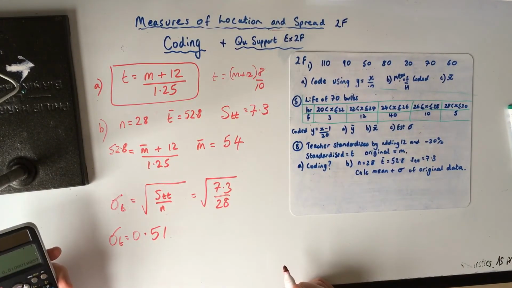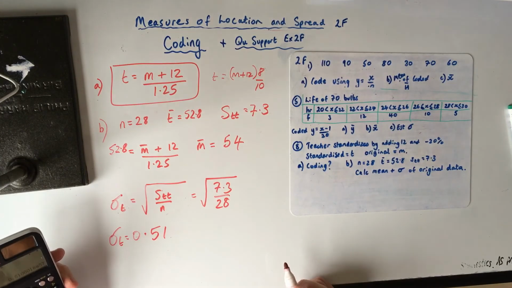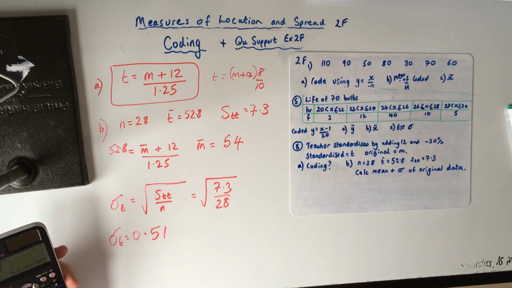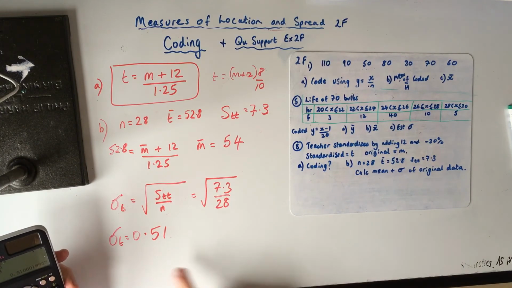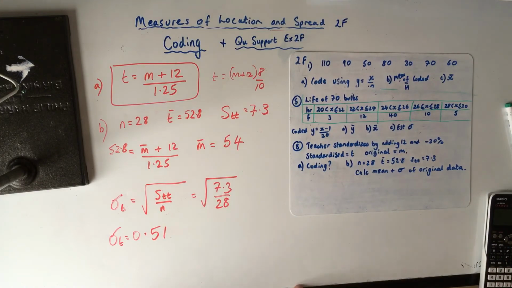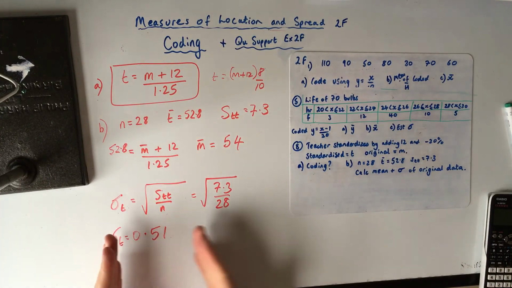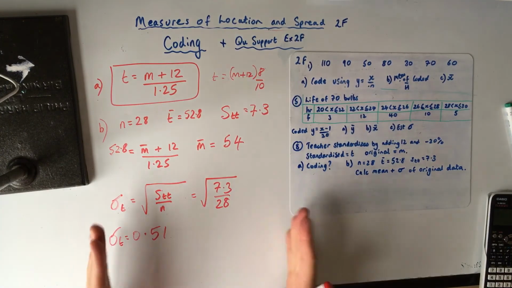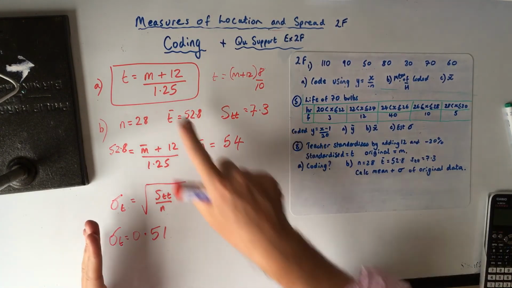Okay. So I don't know what I did before. So the square root of 7.3 divided by 28 is 0.51. So that is the standard deviation of the coded data. And remember that the standard deviation is a measure of spread, how spread out it is.